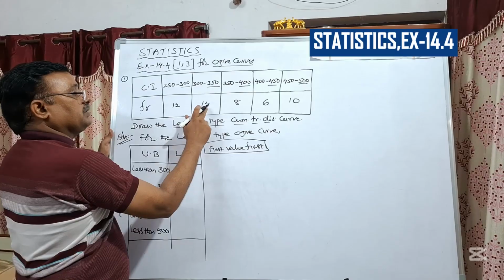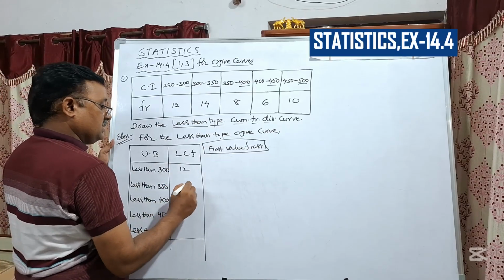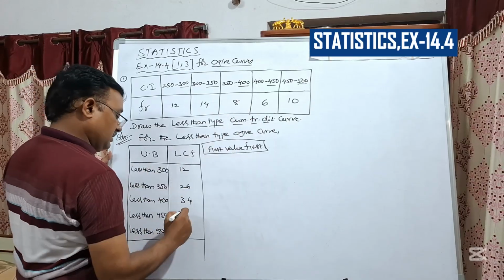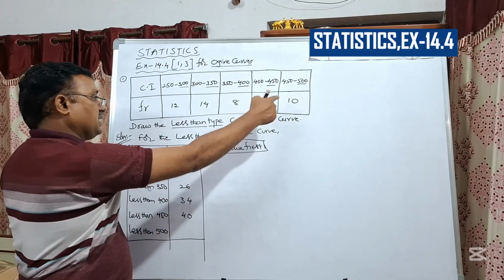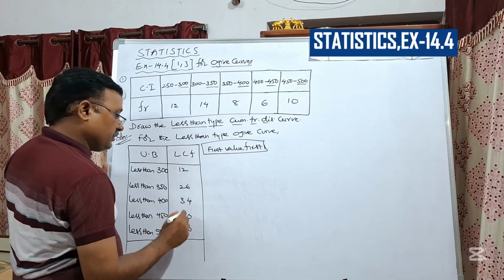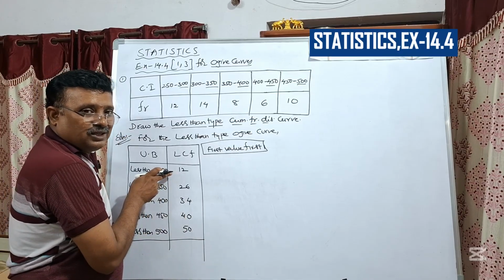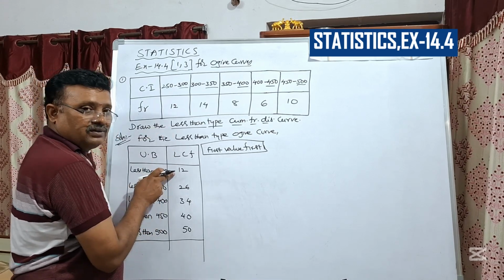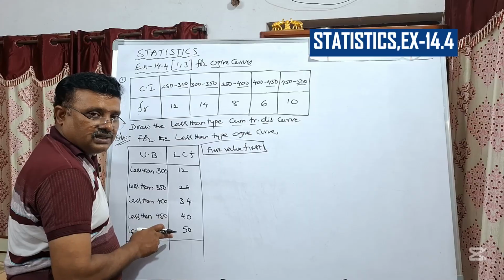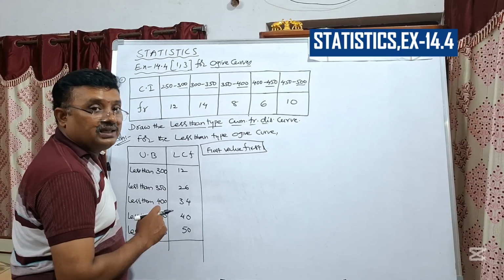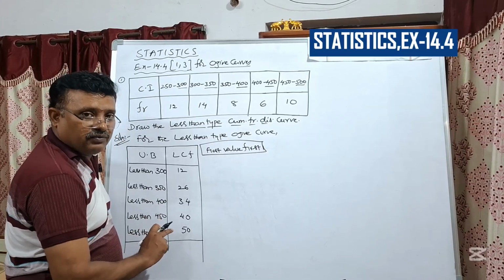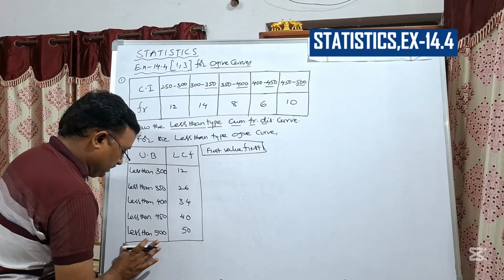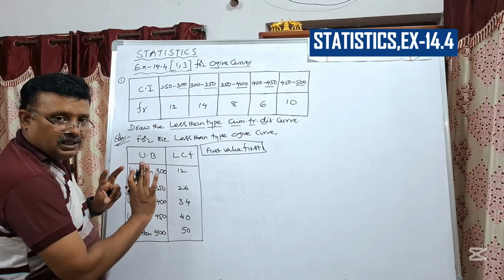Next one, 12 plus 14 is 26, plus 8 is 34, plus 6 is 40, plus 10 is 50. So like that, the cumulative frequency starts with the least value, which is the first value, and gradually increases and reaches the highest value, which becomes the total frequency of the data. Understood? So this gives you ascending order. That's it. This table is enough.